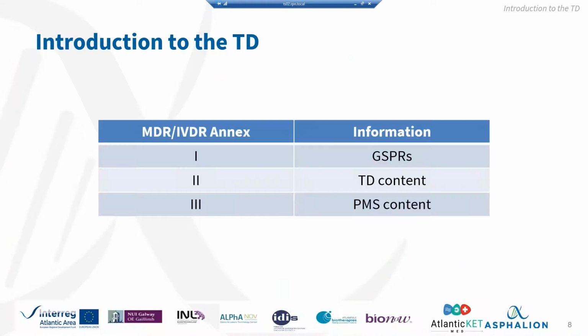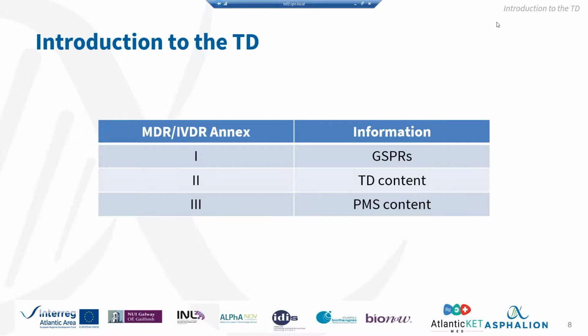So the information to gather for the technical document: where is it located? What are the requirements as stated in the regulation? Well, in Annex 1, you've got the general safety and performance requirements. Then in Annex 2, we've got the technical documentation. In Annex 3, we've got the PMS content.